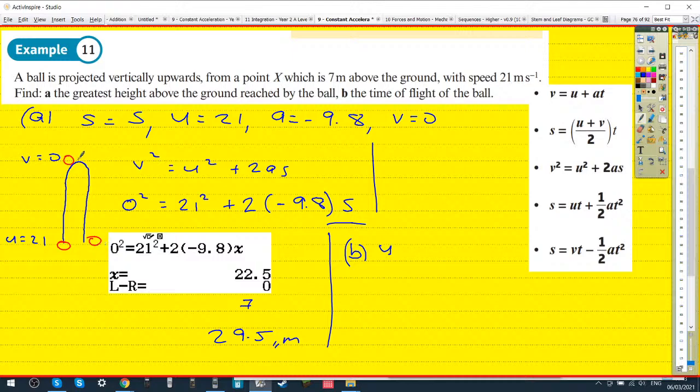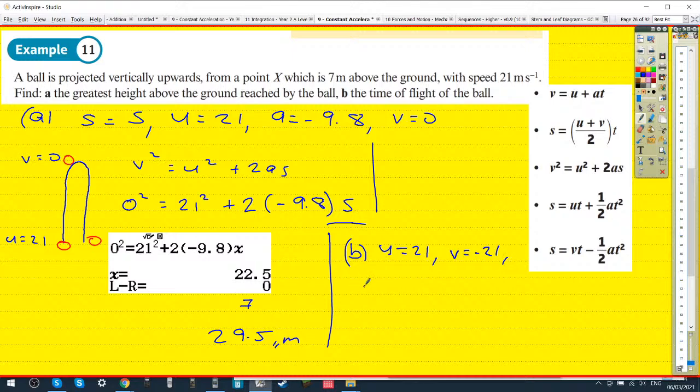No, it's 0 at the top. Any idea? Oh, it's 21. So it's 21 on the way up, and so on the way down? Minus 21. Correct. And so you can say U is 21, and you can say V is minus 21, and that way you'll get the whole journey all in one go.